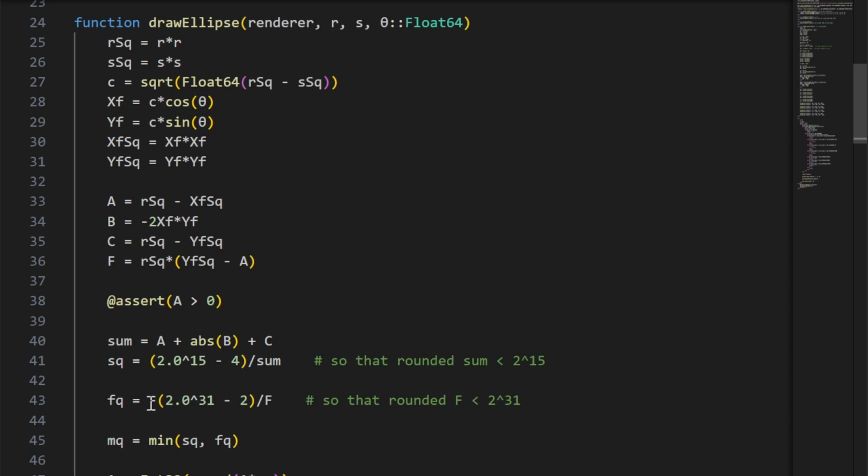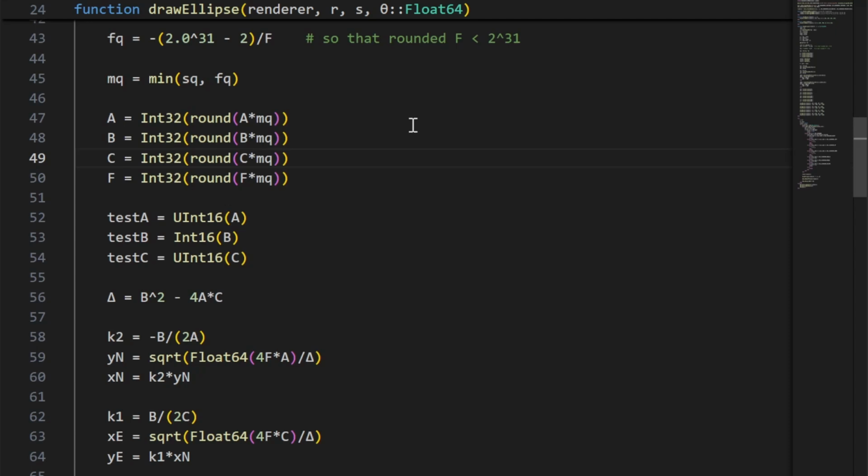And f is actually negative, so I have to put a negative sign there. And so this one here is the scaling factor that I would have to use in order to ensure that f is less than 2 to the 31. And then basically I'm going to have to use one or the other of these scaling factors, and I need to use the smallest one so that both of these conditions are met. And so this is what this is. This is our final scaling factor.